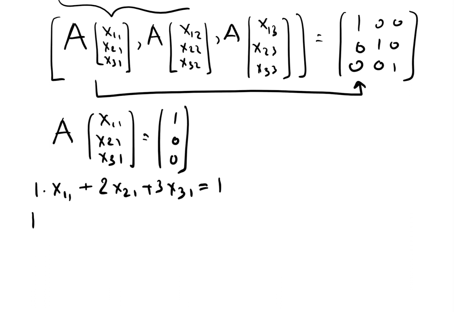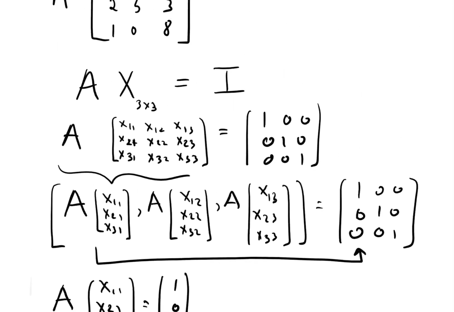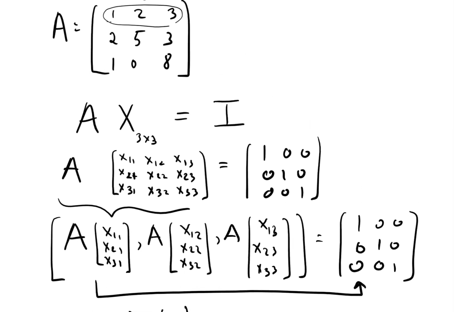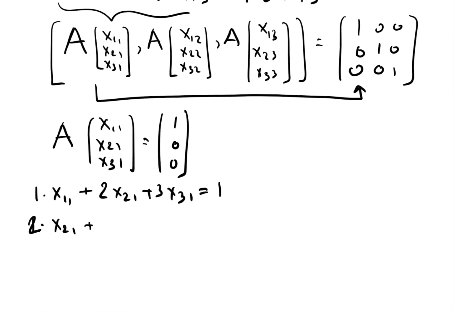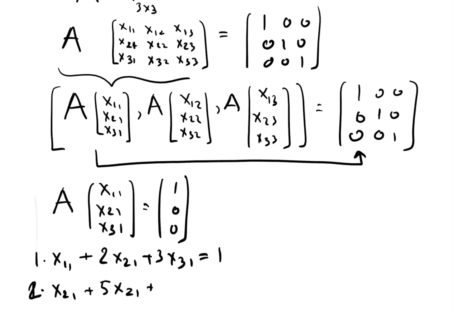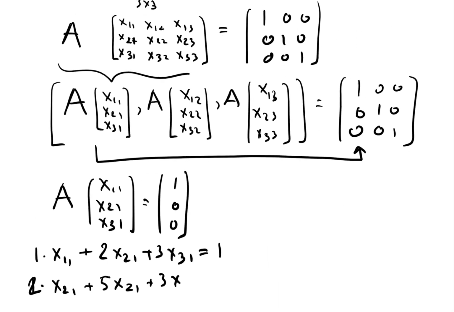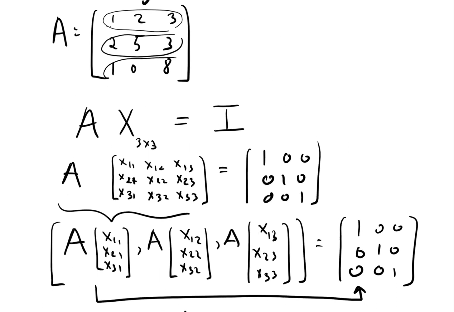And then, sorry, this is a 2 here. So now I'm using these numbers, 2, 5, 3. So 2 times X11 plus 5 times X21 plus 3 times X31 equals 0. And the last row is 1, 0, 8.